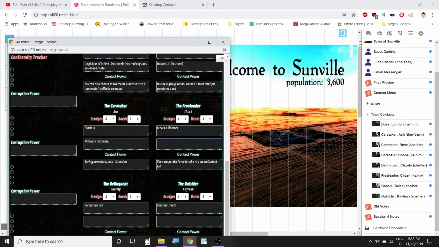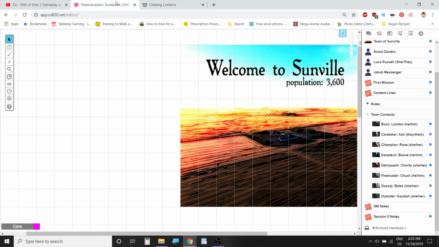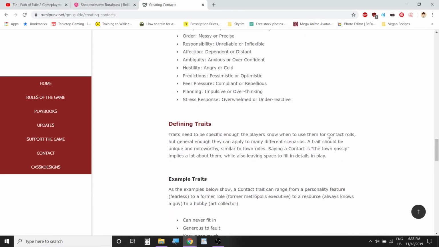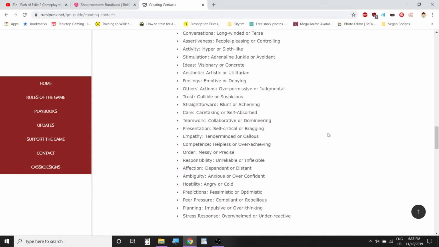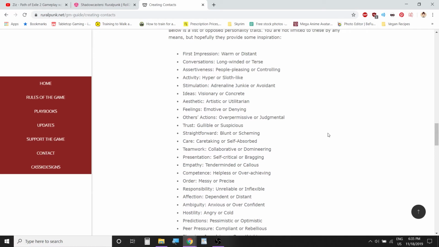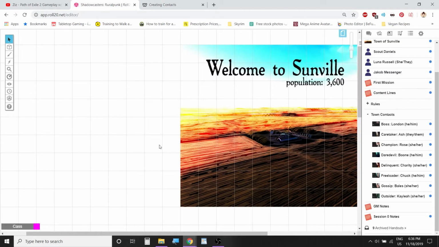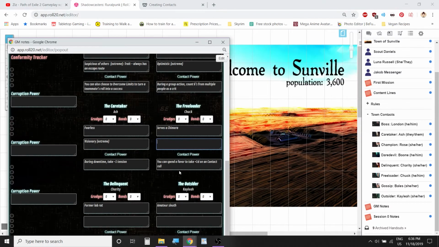Now, Chuck, our freeloader, serves a chimera. So let's look at what Chuck's extremes are. We know Chuck gets into fights, but we also know that Chuck helps people in need, but we know he's serving a chimera. I think he's scheming. I think Chuck is scheming because I think him helping Scout was a form of scheming.